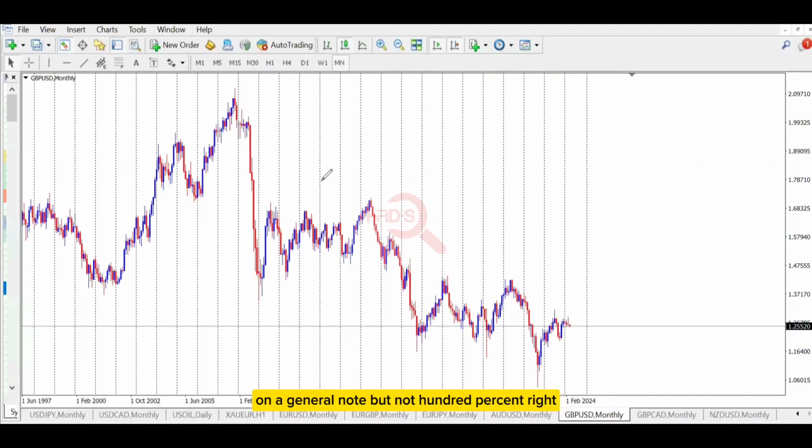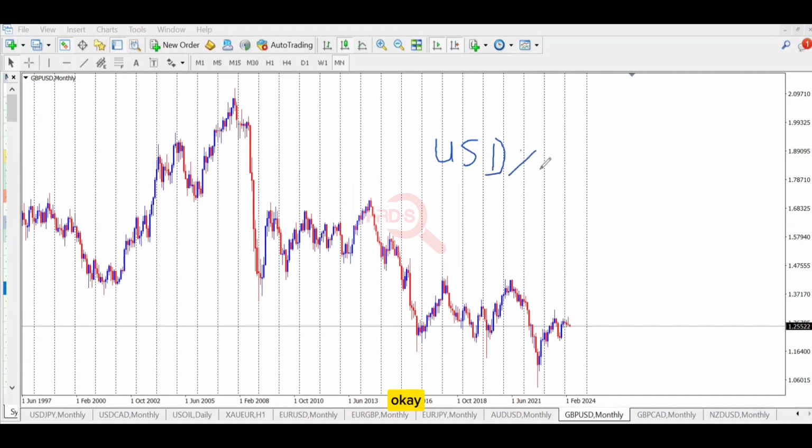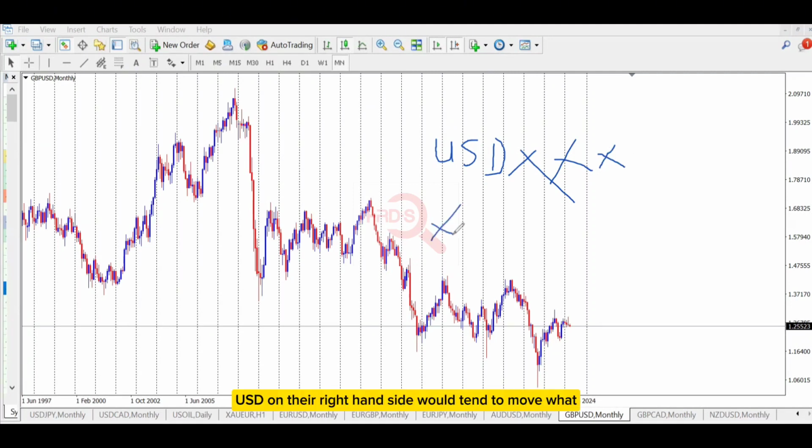On a general note, but not 100% right, we will say that pairs that have USD on their left-hand side will tend to move in the same direction. And pairs that have USD on their right-hand side will tend to move what? In the same direction.